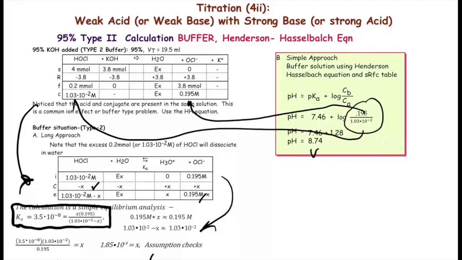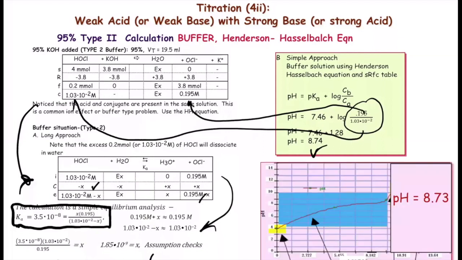When I did the Henderson-Hasselbalch, it's 8.74. That's good enough. That actually is pretty close, and if you go out like 4 places, you'll see how close they are. But that's acceptable. So at the 95%, we have 8.73.